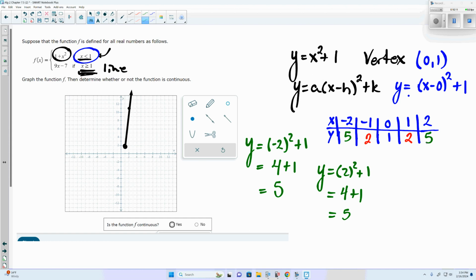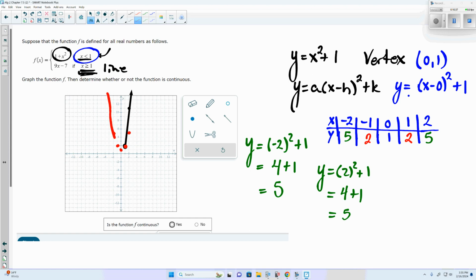So we can graph these points here for our quadratic. So our vertex (0, 1), (1, 2), (2, 5). And then we have (negative 1, 2), (negative 2, 5).